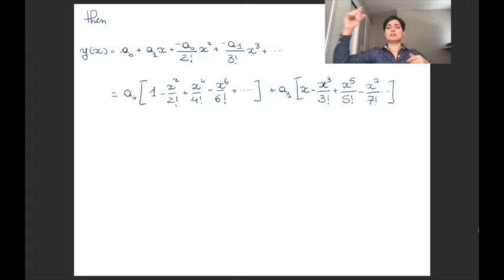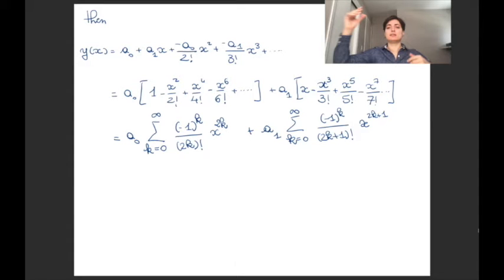Both of these terms we have seen before have a specific pattern, so we can write both of them as infinite series. With the formulas we used before, we can write this down. So we have a power series for the terms that are multiplied by a0, and a power series for the terms that are multiplied by a1, and they are completely disjoint. The one multiplied by a0 is a sum from k going from 0 to infinity of (-1)^k divided by (2k) factorial x to the power 2k.